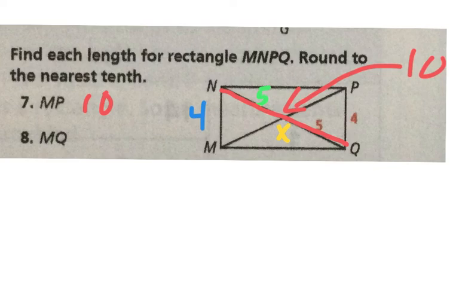Could you use the Pythagorean theorem? You could. Since you know what M to X is, and that's 5. M to X, yeah, the middle, the part where they intersect. Then P to X would be 5 as well. So you have to do 5 squared plus 5 squared equals C squared.